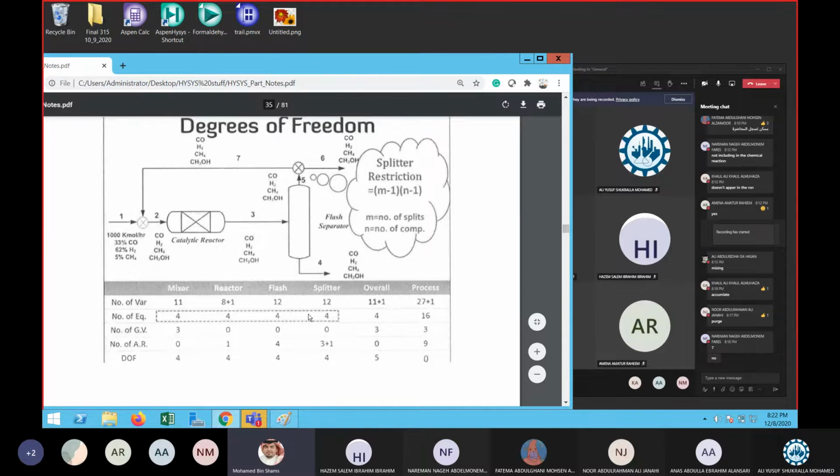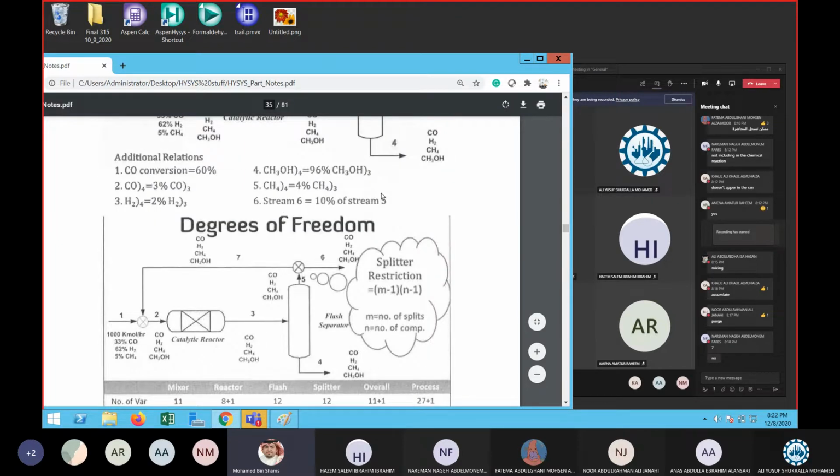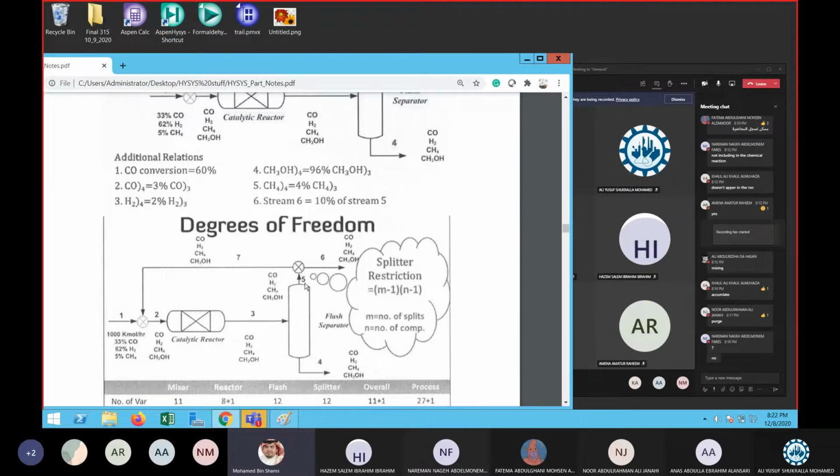And what about the available relationships? We have seen here that we do have 1 relation that tells us that stream number 6 is 10% of this stream. And also probably, as you remember from 111, there is an extra relation we have when we deal with a splitter. Anyone can remind me what that relation is? Same composition. Thank you, Ali Abdul. Exactly.